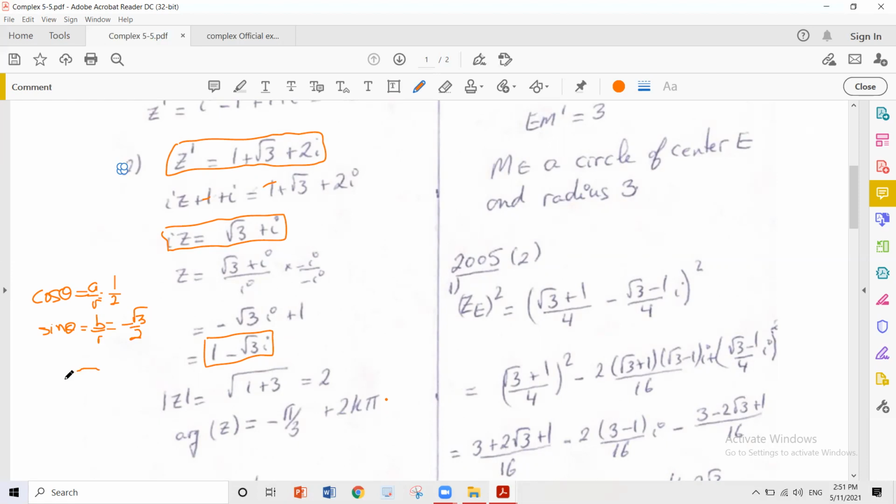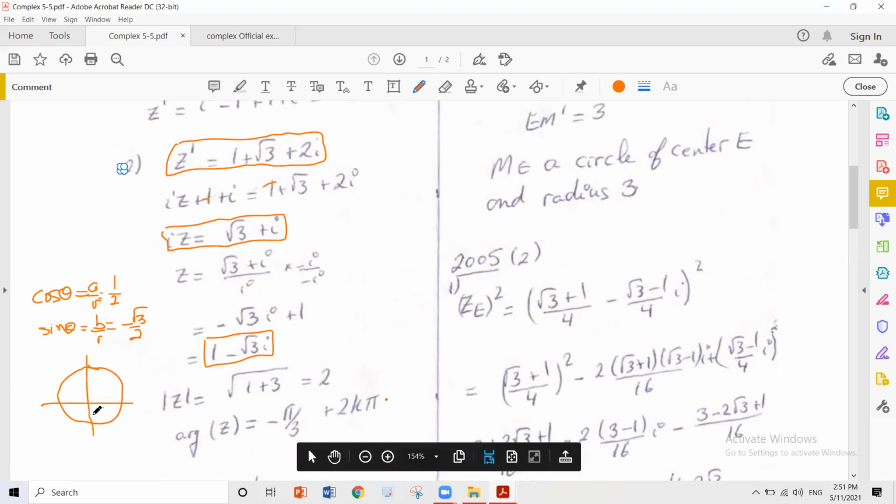Cosine is positive and sine is negative, so it is in the fourth quadrant, and it is minus pi over 3. On your calculator shift cosine of half gives pi over 3.